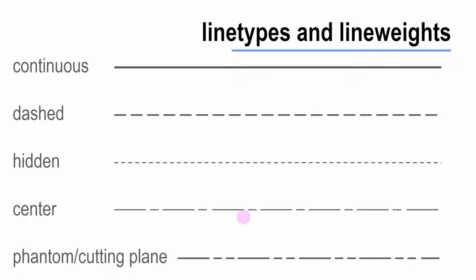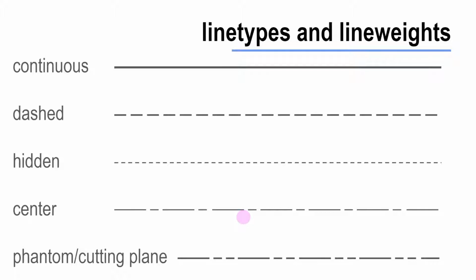Or I can use a center line to show that two features are aligned with each other. If I had two windows on opposite sides of the building that shared the same measurement, I could use a center line to show that those two are at the same place, aligned with each other, or I could use it to find the middle of a post or beam within the building. So center lines are used to help show symmetry within the building as well as to grid out a space.